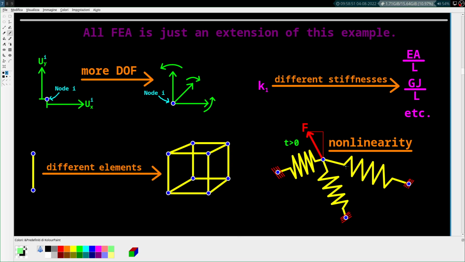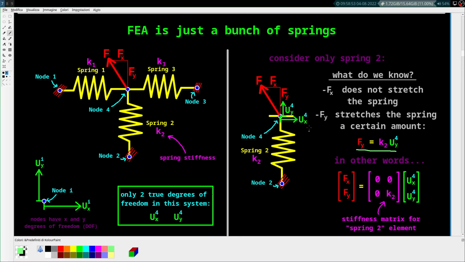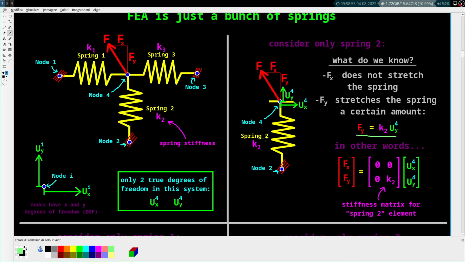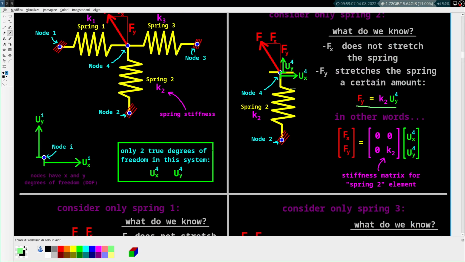So the astute among you may have noticed that, hey, well, Fx, it does actually stretch this spring. After you move the spring a little bit in the x direction, it's like this. And at that point, Fx is kind of pulling the spring more in this direction, right? As you go more and more to the left. And that's just a nonlinearity.